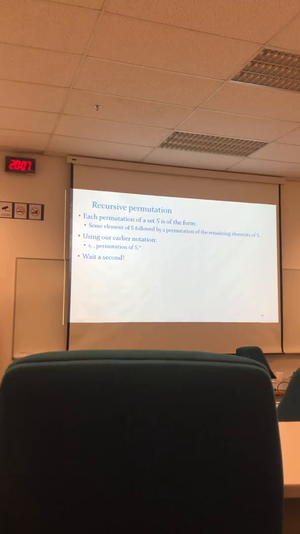Using our earlier notation, for Si, initially when we first start, we combine for one element: the permutation starts with the first element and ends with the permutation of the remaining elements.